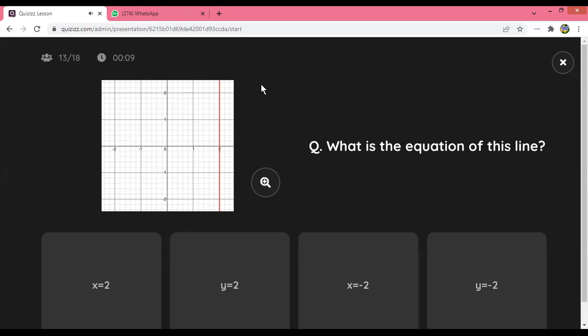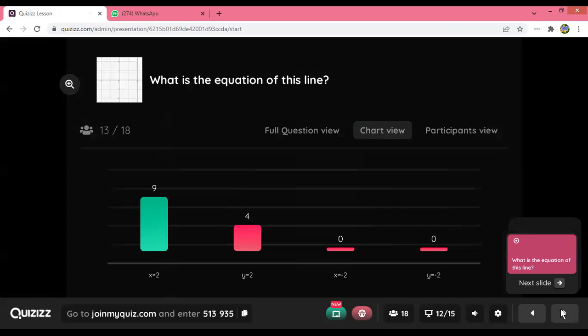The line is passing through the x-axis and through which point? So what will be the equation? Passing through the x-axis, it's passing through the point 2. The answer was x equals 2. Let's look at the next question.